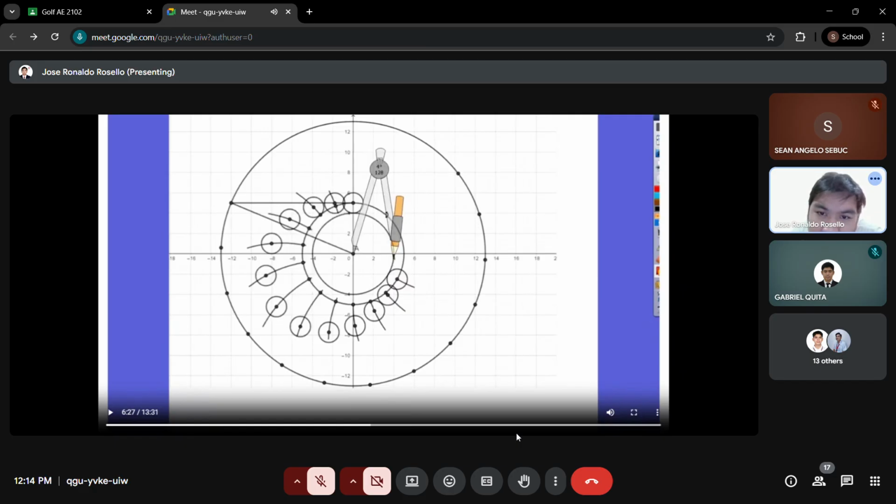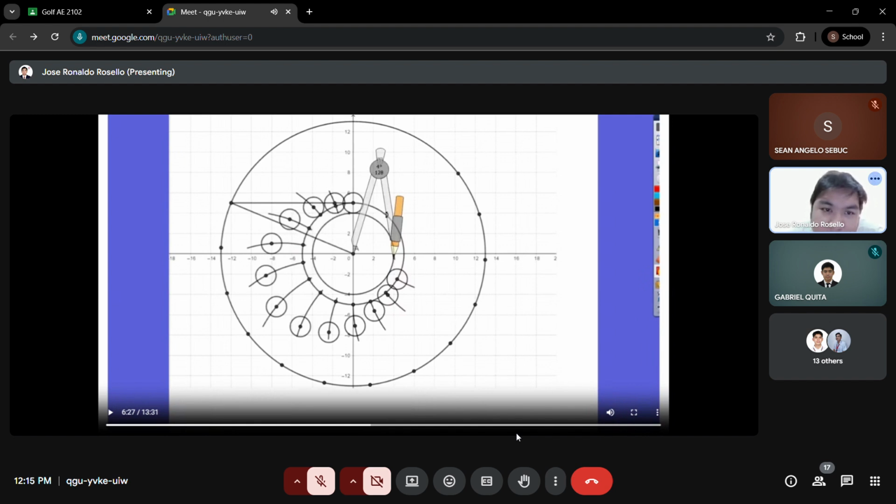Again, kung ilang hati yung ating angles, ganoon din kadaming hati. So kung hinatin natin sa 12 yung ating base circle, hahatiin din natin sa 12 itong ating outside circle. Tapos, kailangan natin ng compass dito.